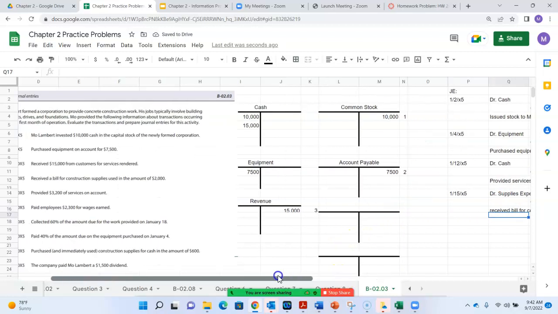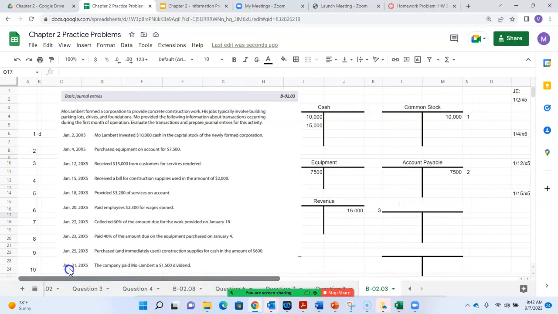Okay, let's do number 5. Provided $3,200 of services on account. So revenue goes up, right? They provided those services. To increase a revenue account, you credit the T account. So this is $3,200. This relates to transaction number 5.